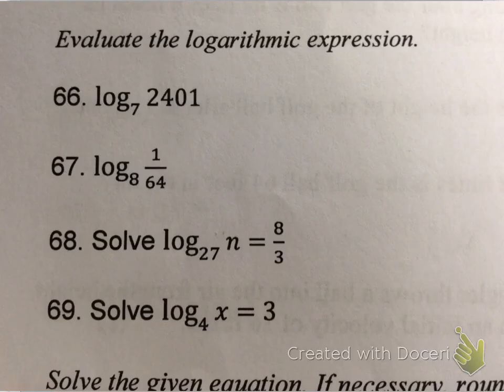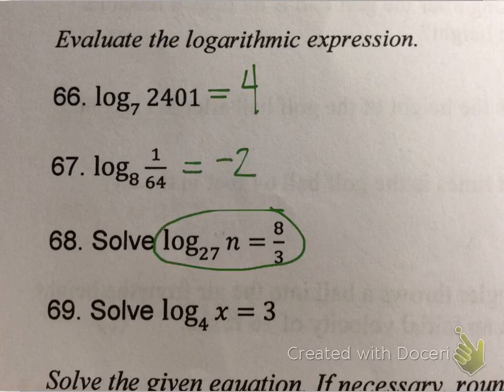The first two on this one, 66 and 67, you can type in the calculator, and you should know how to type those into the calculator. If not, well, God help you. Anyways, 68 and 69, you can rewrite them. You've got to remember, this is the base, this is the exponent, and technically this is the answer. So if you rewrite it like that, you can say 27 to the 8/3 will give me n.